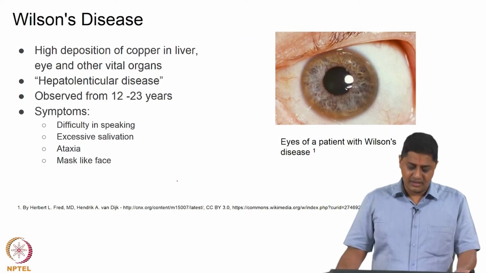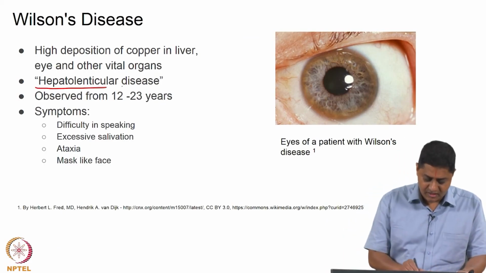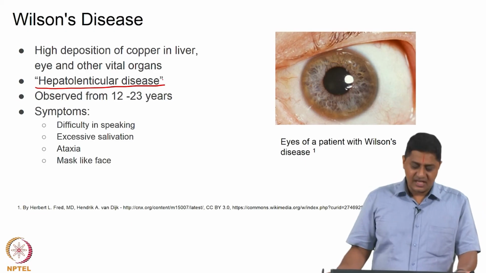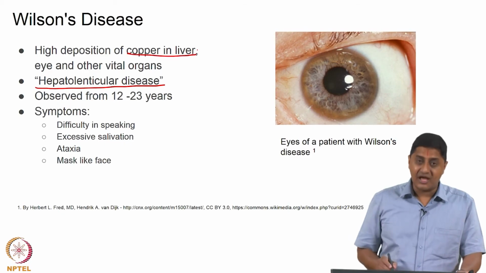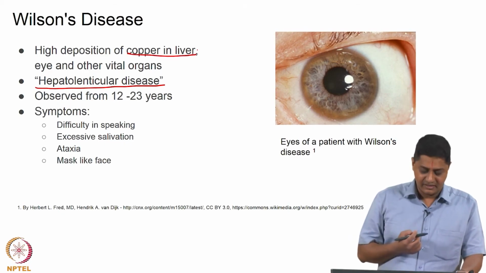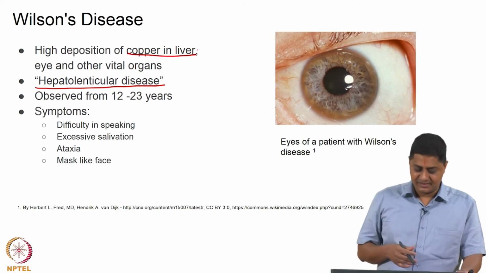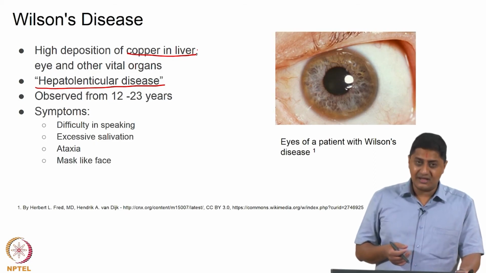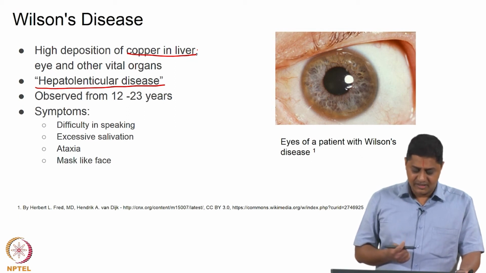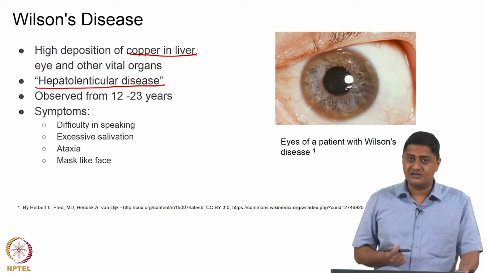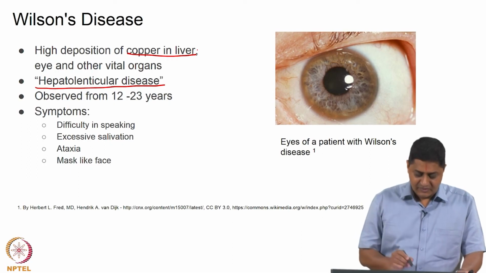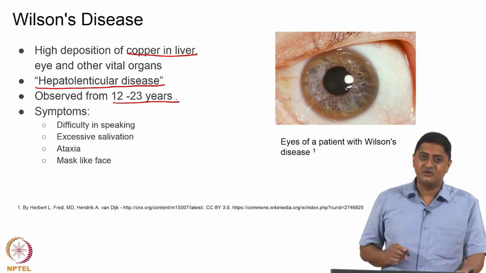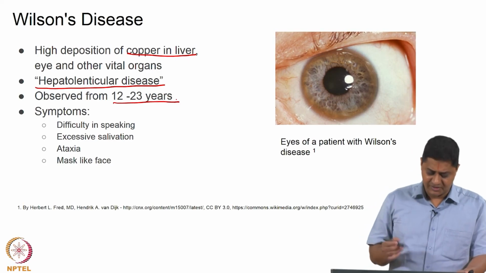Then the so called hepatolenticular disease or Wilson's disease. This happens due to high deposition of copper in the liver. Hepato means liver related, lenticular means basal ganglia related. This unwanted high deposition of copper in the liver leads to a situation where the lentiform nucleus, or lenticular nucleus, and its performance is affected. Usually the age of occurrence is between 12 and 23 years. What are the symptoms?